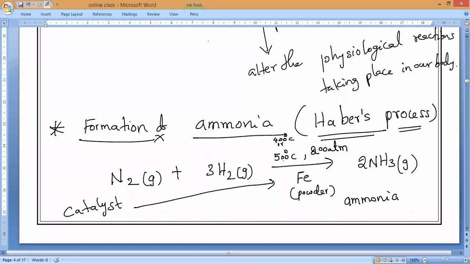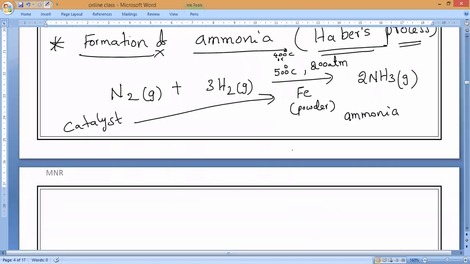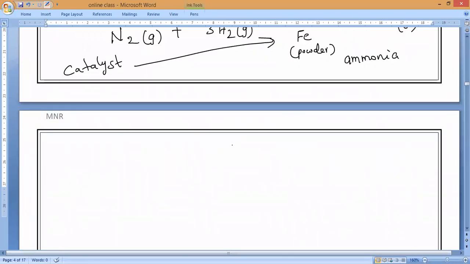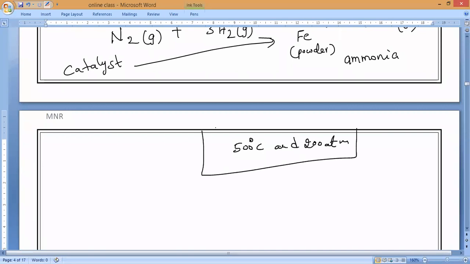These are called the required conditions. Clear? You have to remember it.